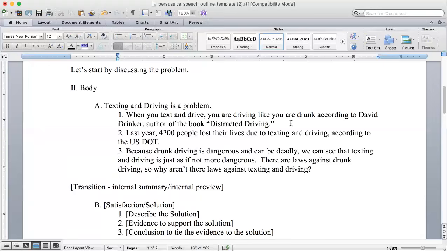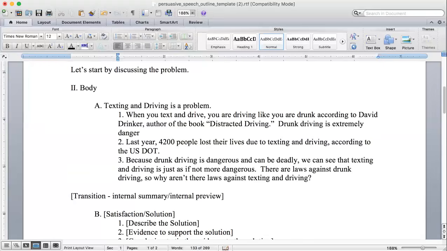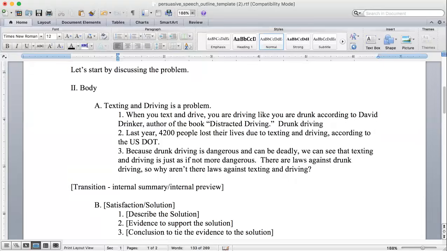So yeah, ideally we should probably come up in here and say something about that we know drunk driving is, let's see, we could say drunk driving is extremely dangerous. Well, I guess we wouldn't say extremely dangerous, that'd be more of a judgment.